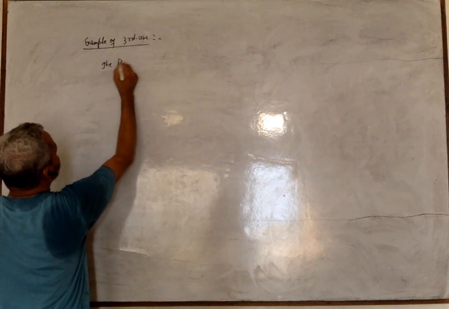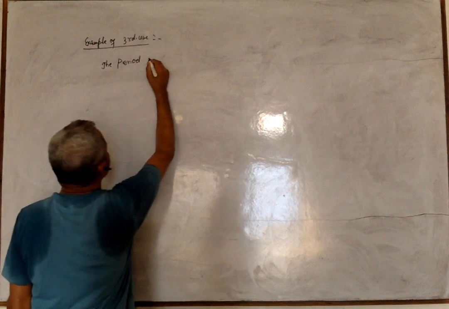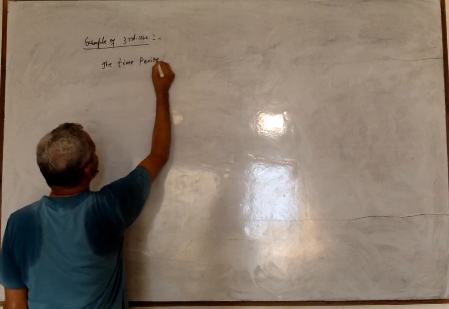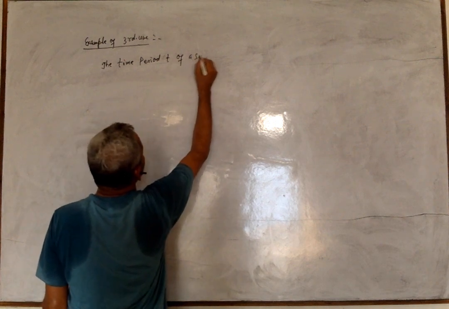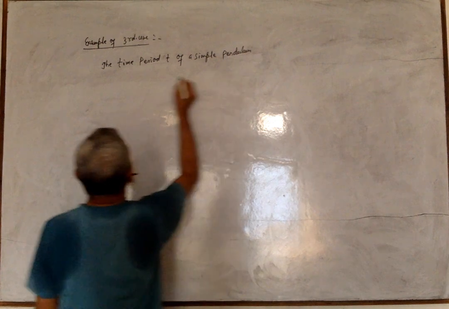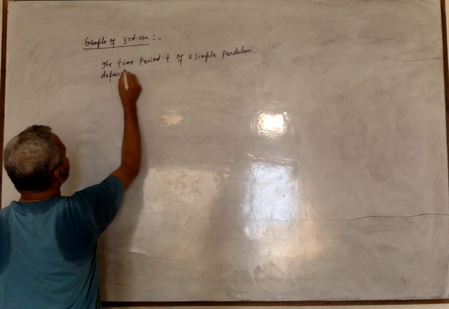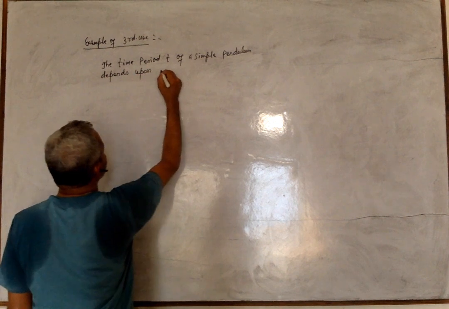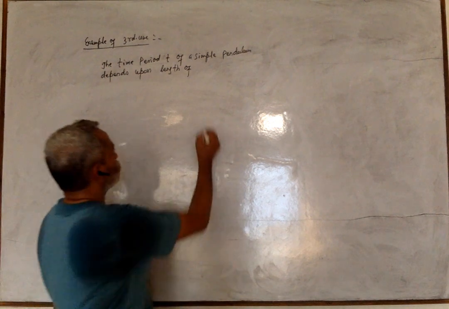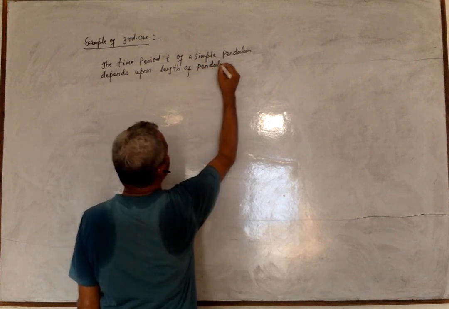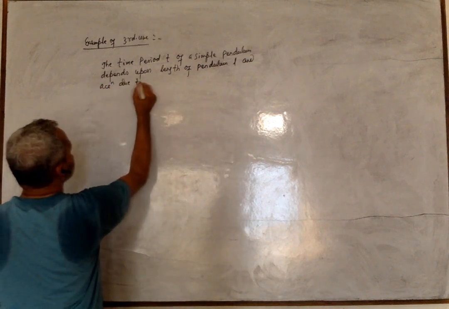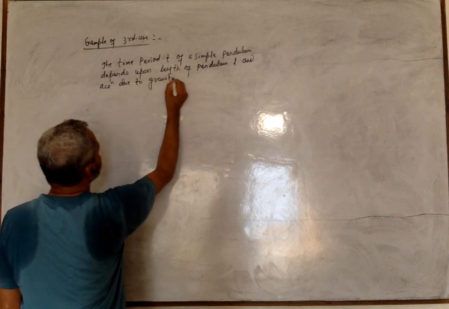The time period T of a simple pendulum depends upon the length of pendulum L and acceleration due to gravity g.